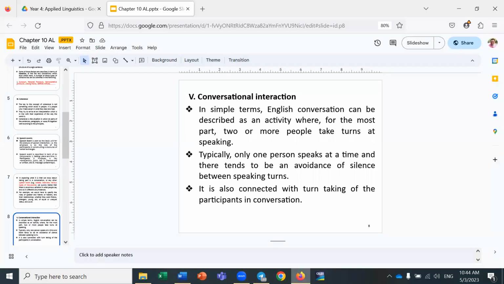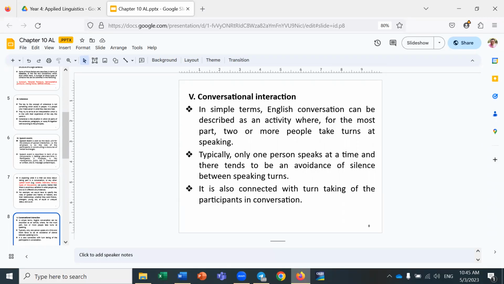Let's go back to our slide here. In simple terms, English conversation can be described as an activity where, for the most part, two or more people take turns at speaking. Typically, only one person speaks at a time, and there tends to be an avoidance of silence between speaking turns.